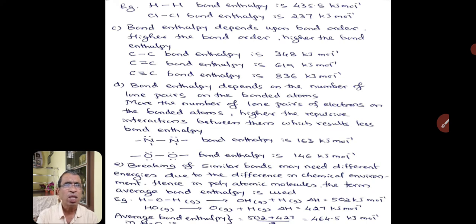In this case, the bond enthalpy is 502 kilojoules per mole. Now the same OH further turns into O gas and H gas. Here the environment is different and the bond enthalpy is 427 kilojoules per mole. Therefore, the average bond enthalpy in this case is 502 plus 427 divided by 2, which gives 464.5 kilojoules per mole.